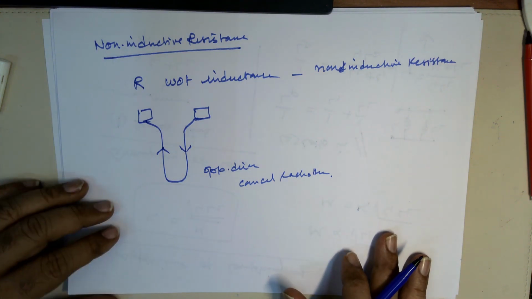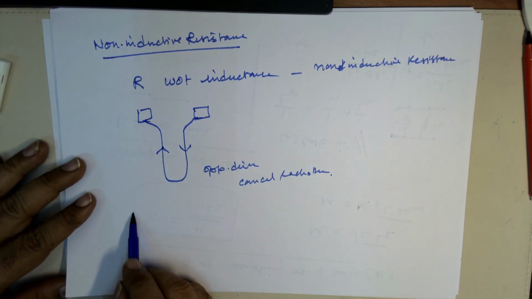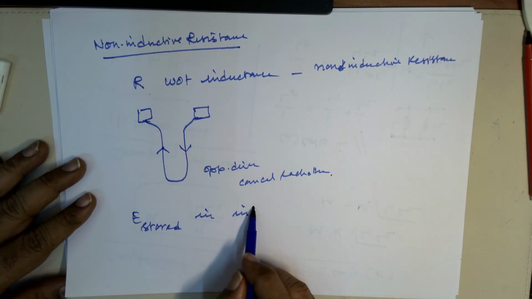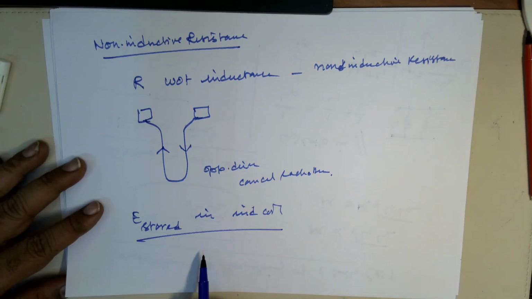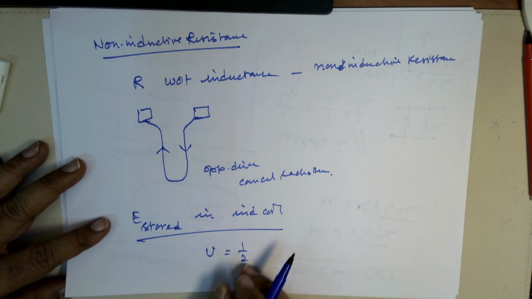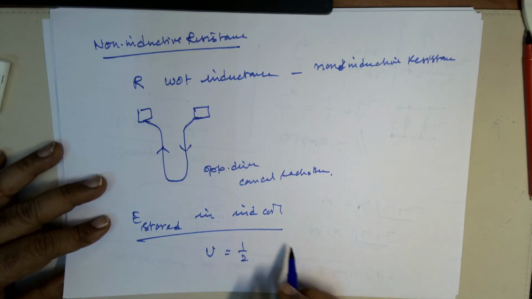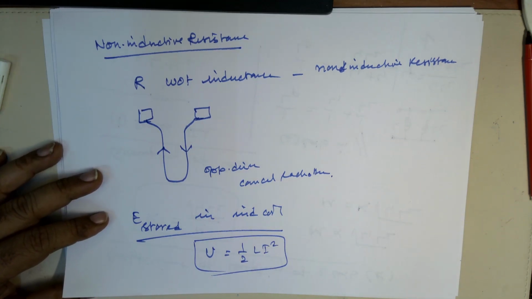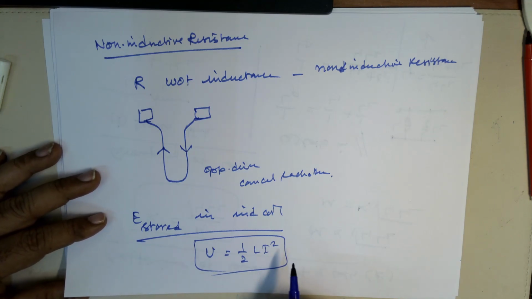The energy stored in an inductance coil is given by U, similar to kinetic energy, which you call half mv squared. Here the potential energy is given as half into L i squared, where L is the self-inductance and i is the current passing through.